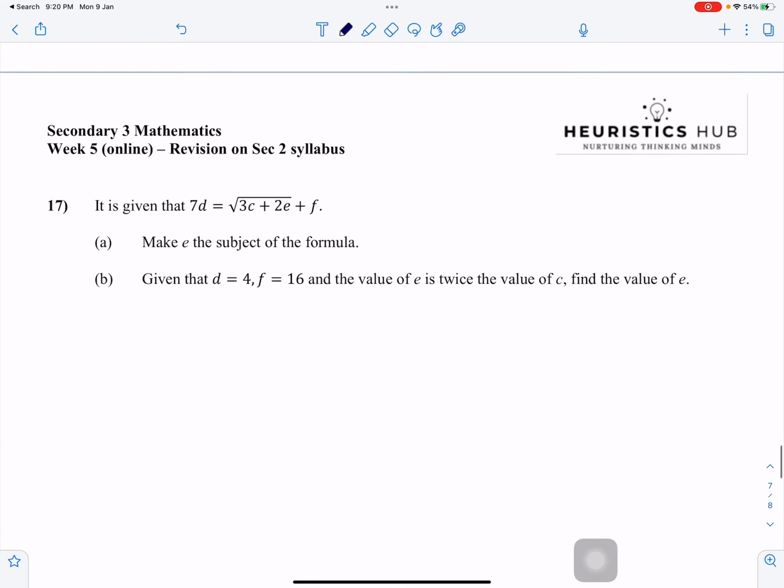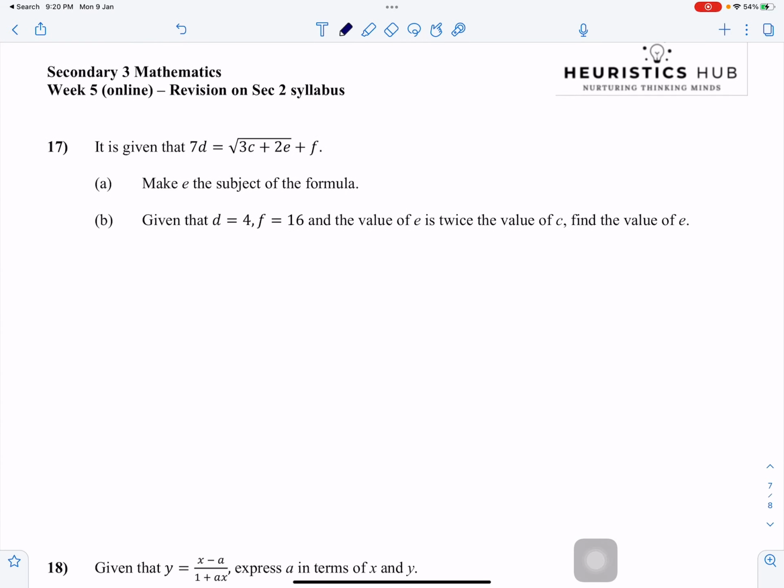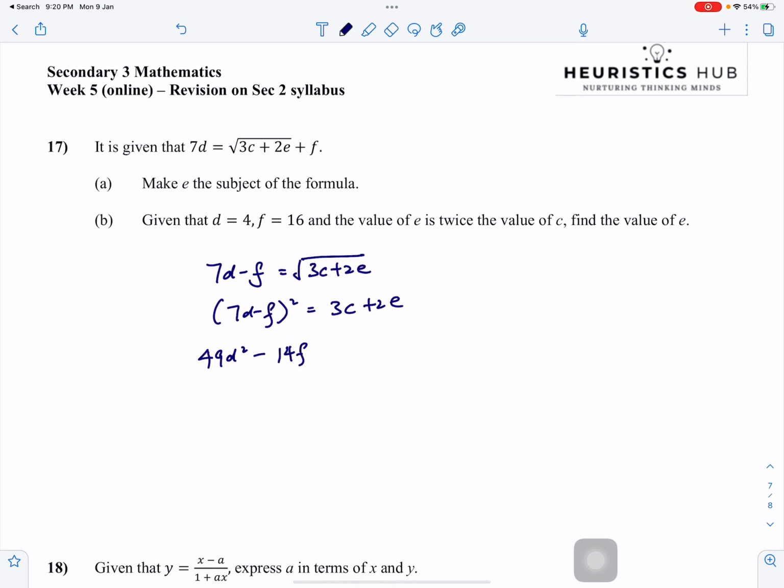Okay, there you go. Question number 17. Making E the subject. And you realize that from here you'll be able to, there's only one E on the other side.